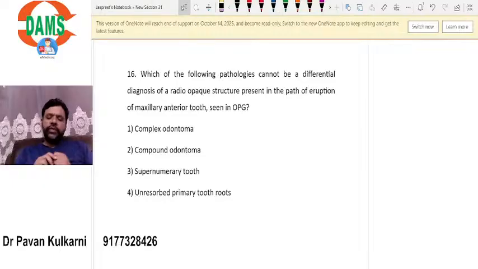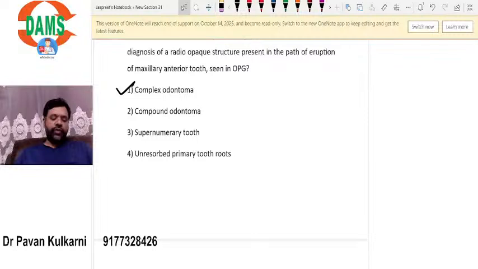So usually in maxillary anterior teeth, you can see many things, but not the complex odontome. Remember, complex odontome is not seen in the maxillary anterior, but it is seen in the posterior mandible. So that is the answer.